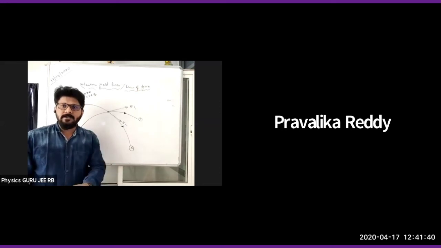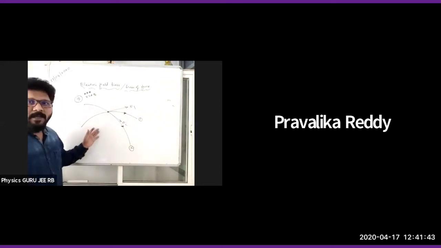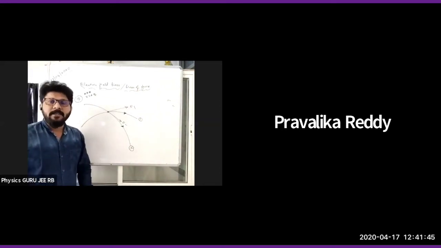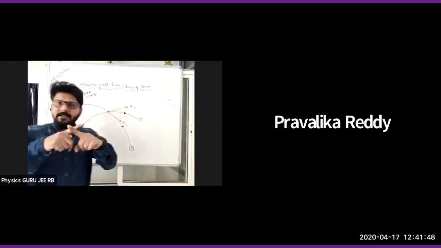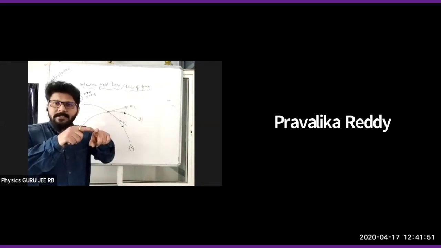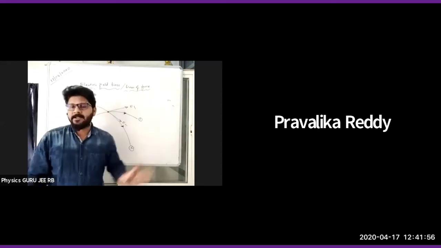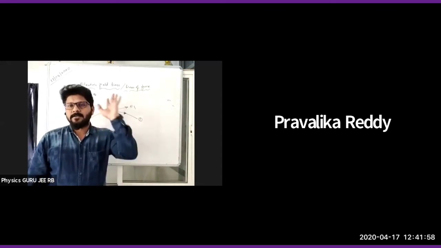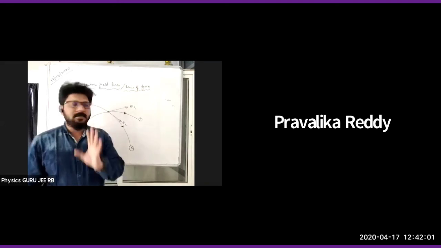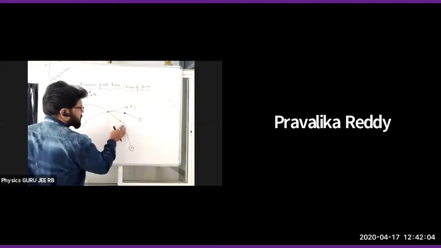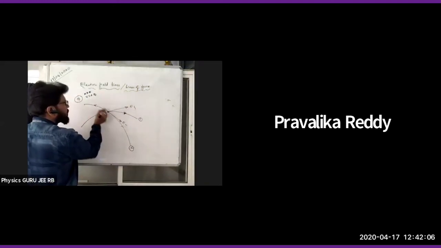So what is your answer to be? If a question is given, why will no 2 electric lines intersect? Explain. If 2 electric lines intersect, at the point of intersection, 2 tangents can be drawn, which give 2 different directions, which is not possible. For example, let us take it going like this, then I'll draw like this, right?